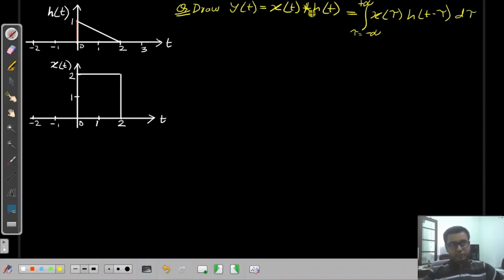Our goal is to calculate this convolution and draw how y will look like as a function of time.